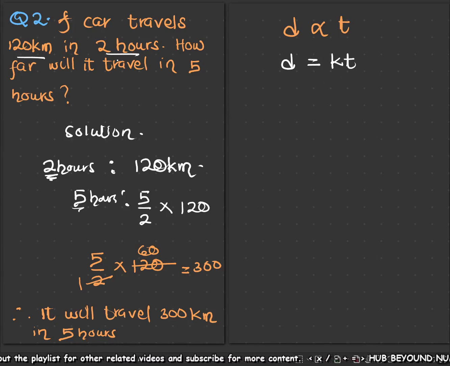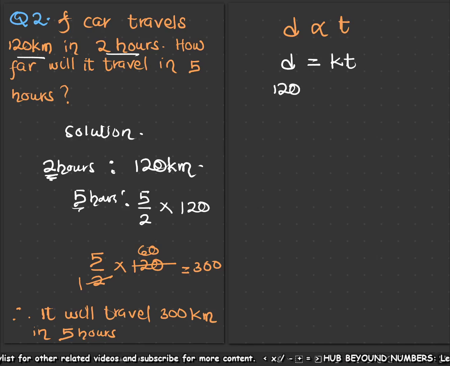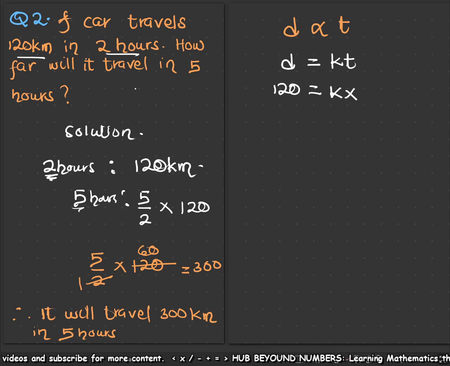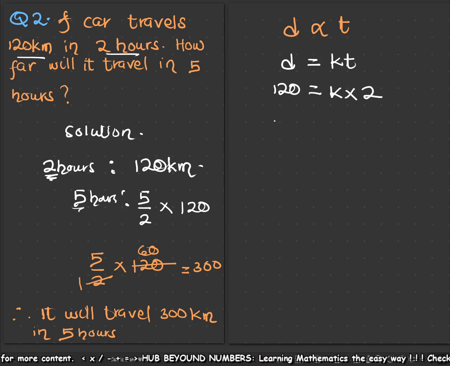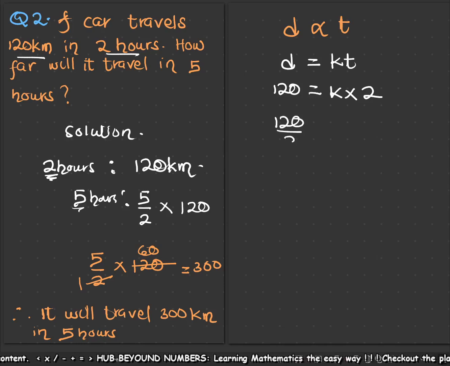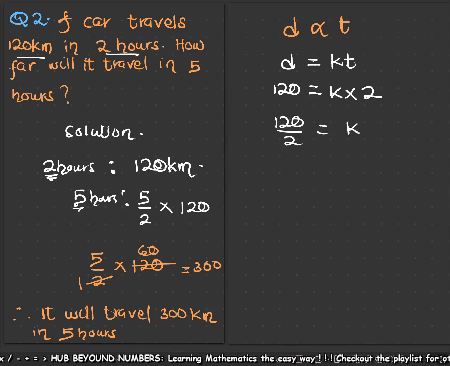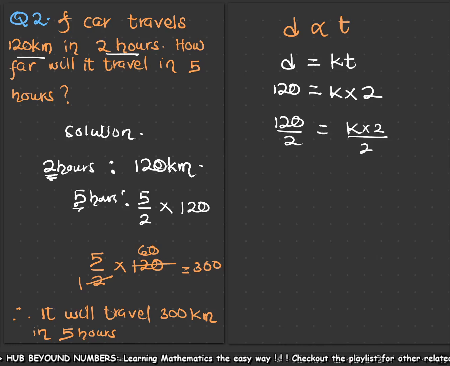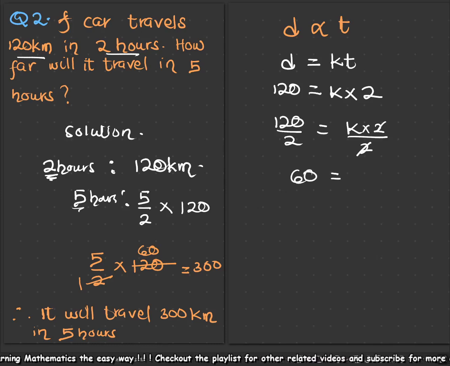So 120 is equal to our k, which we don't know, times t, which was 2. And making our k the subject, we are just going to divide both sides by 2. So we divide here by 2, and this cancels this. And we can say 120 divided by 2 gives us 60.